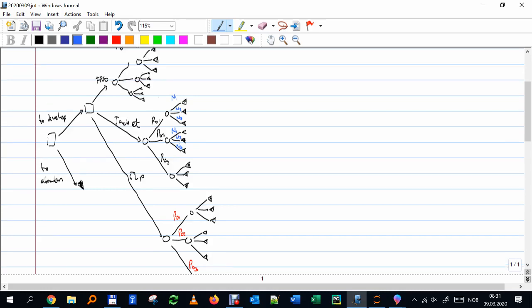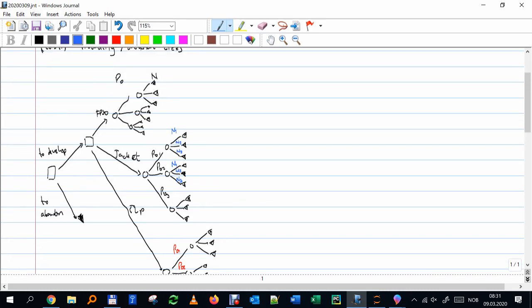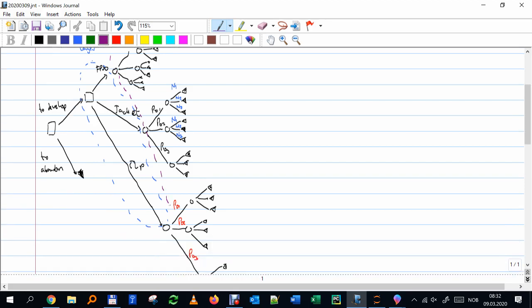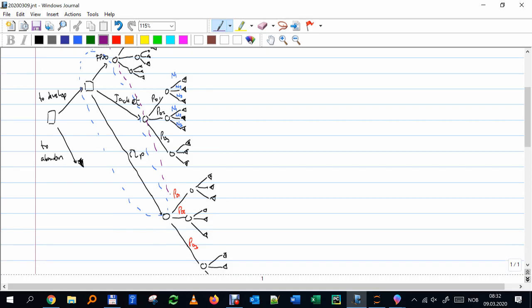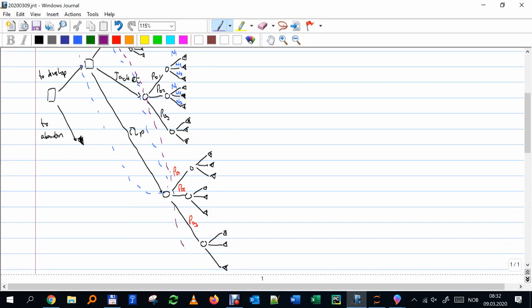So you see, this is what I call a layer of the tree. Also the same thing with the price, that's another layer.